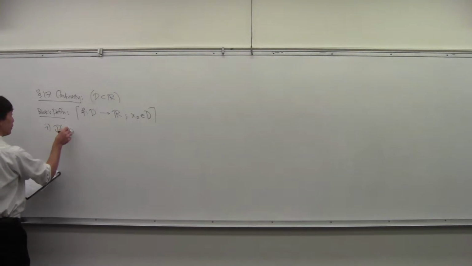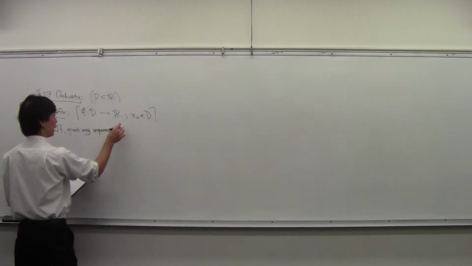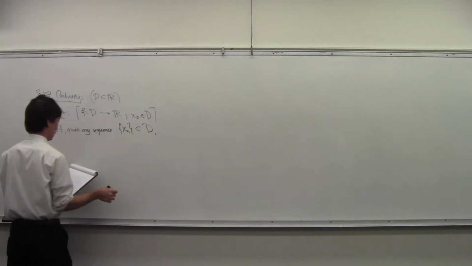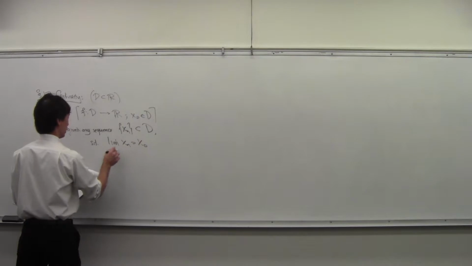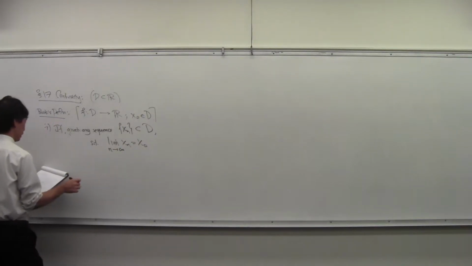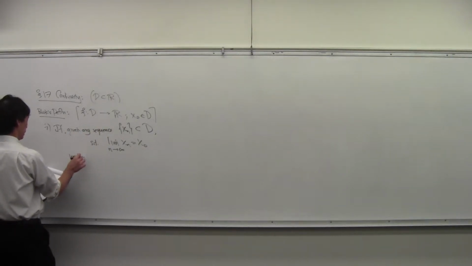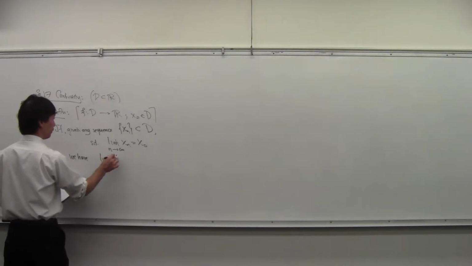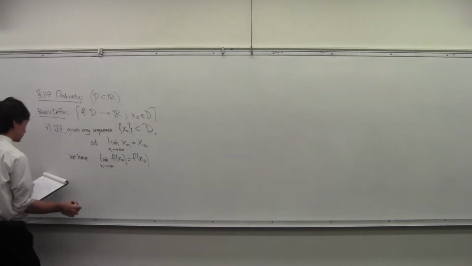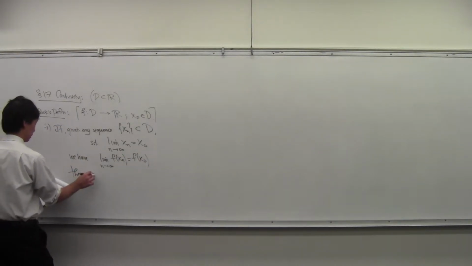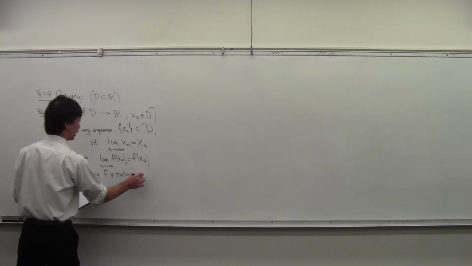If given any sequence x of n contained in your domain, such that the limit of x of n is x naught as n goes to infinity, we have that the limit of f of x of n as n goes to infinity equals f of x naught, then we say f is continuous at x naught.